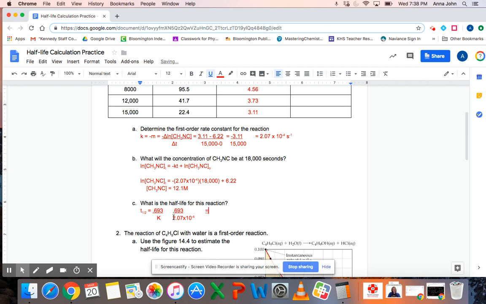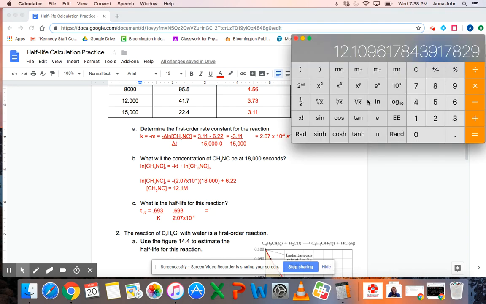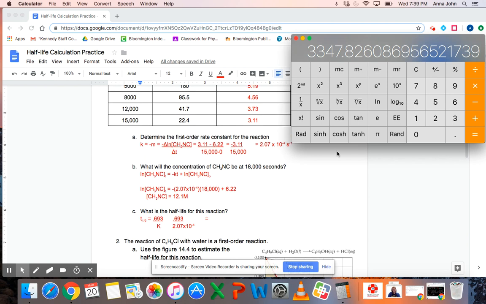Okay, so pull my calculator back up. 0.693 divided by 0.000207.